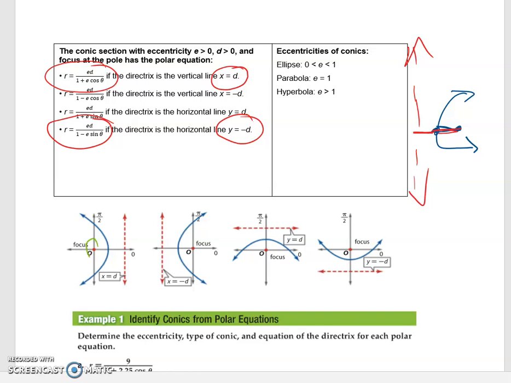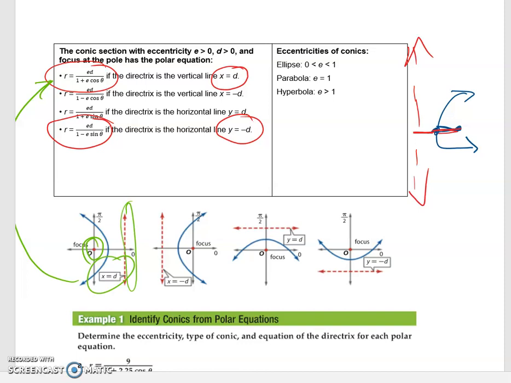This center here, that's the pole in our polar coordinate system. If the directrix is to the right of the pole, then we know that our directrix is going to be x equals d, which means we would use this form of the equation.